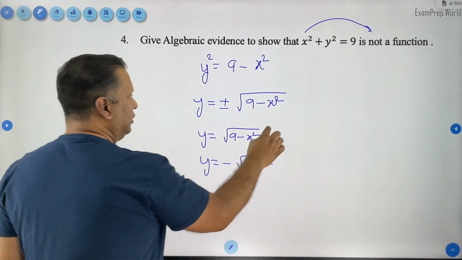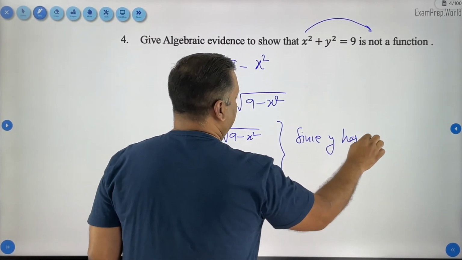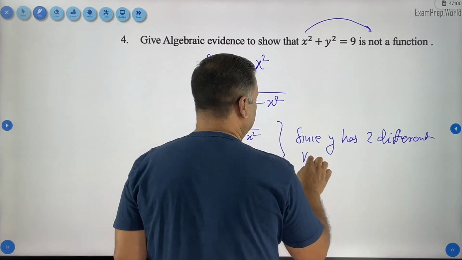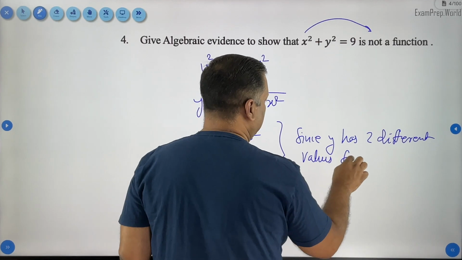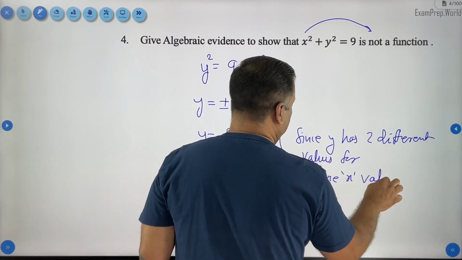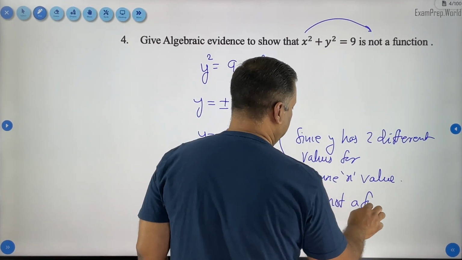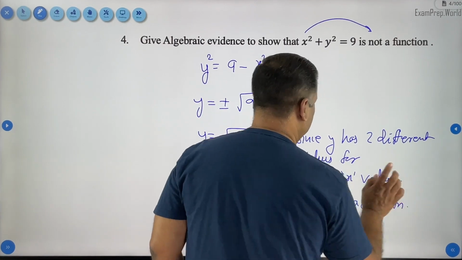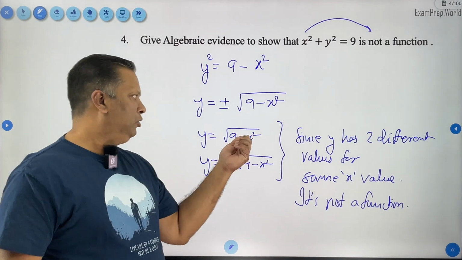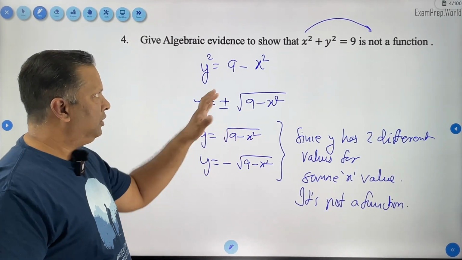So we have proved that since y has two different values for the same x value, it's not a function. Understood, right? It's very simple. For the same given x value, you put any value in x, you will always get two values of y. So we have proved that this is not a function.